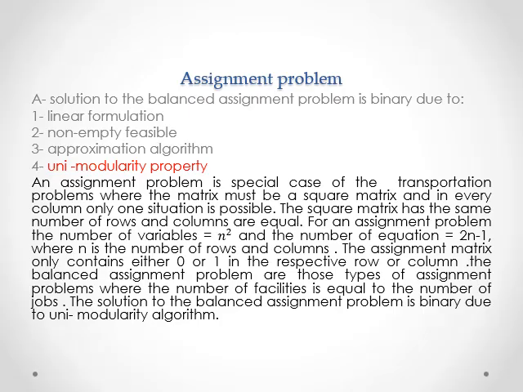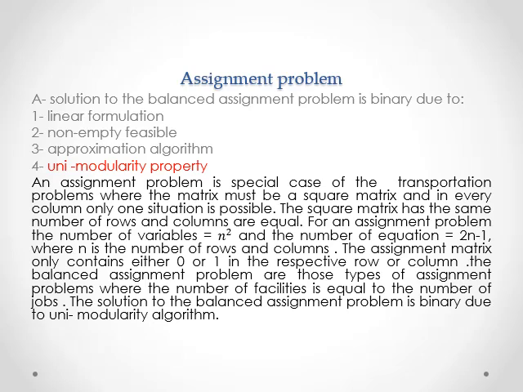The assignment matrix only contains either 0 or 1 in the respective row or column. The balanced assignment problem is the type of assignment problem where the number of facilities is equal to the number of jobs.